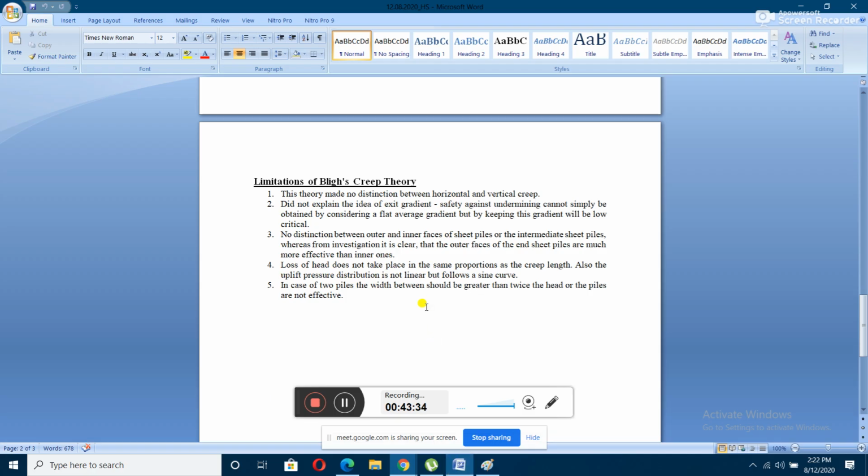Next is, no distinction between outer and inner faces of sheet piles or the intermediate sheet piles, whereas from investigation it is clear that outer faces of the end sheet piles are much more effective than the inner ones.